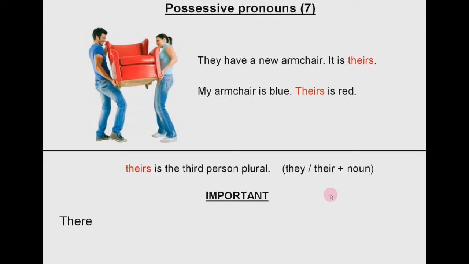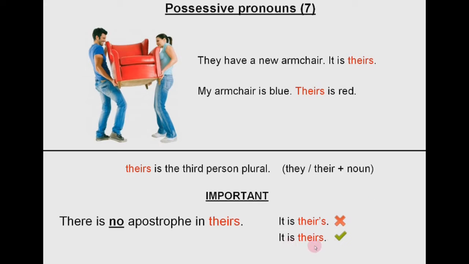Important. Again, there is no apostrophe in theirs. This is wrong, but this is right. This is correct. And again, very important when we are writing.